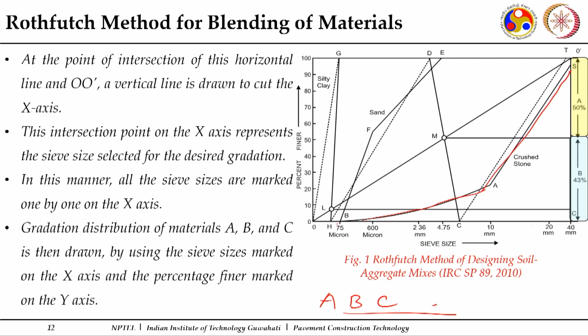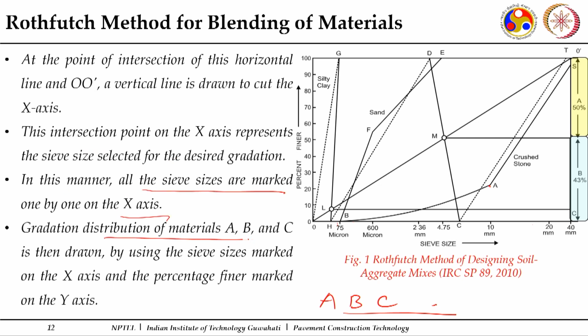The gradation for this second material is plotted here in this manner. So, these are the gradations which say 75 micron 0% passing. For this 10 mm, I plotted how much percentage is passing, and for 40 mm how much percentage is passing. This needs to be plotted in this particular manner, and in this manner all sieve sizes are marked.